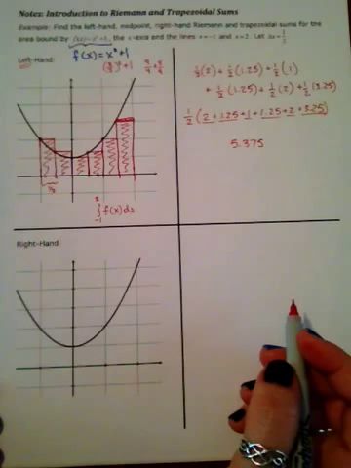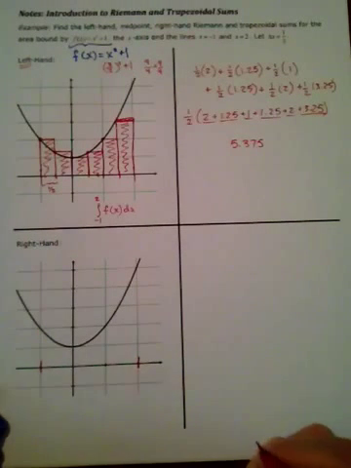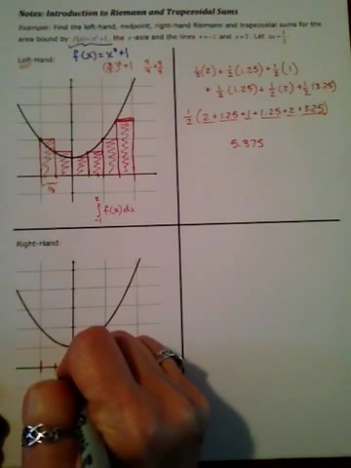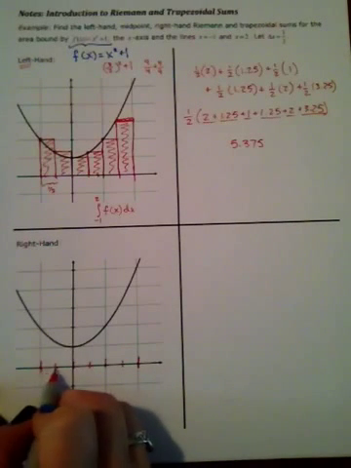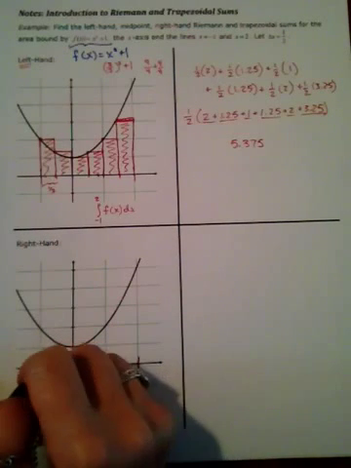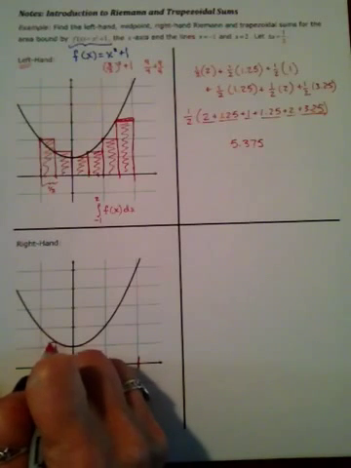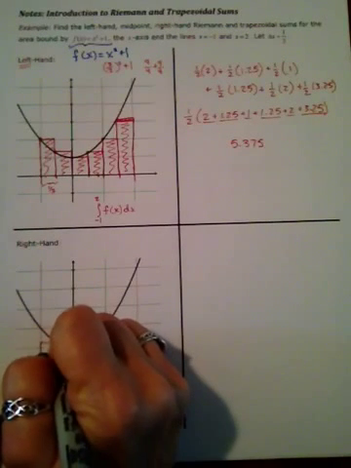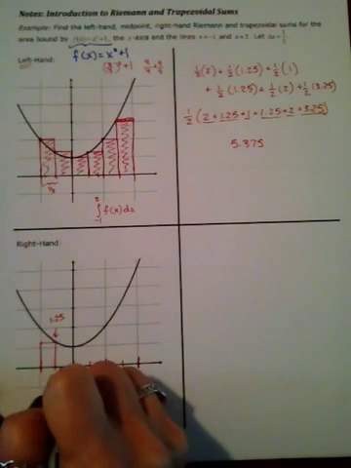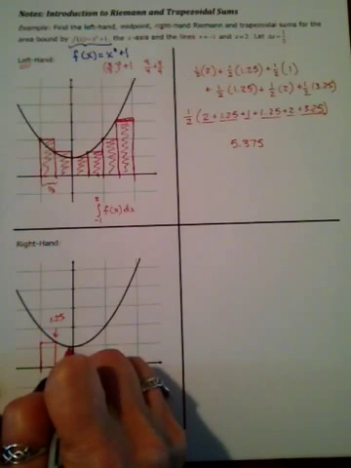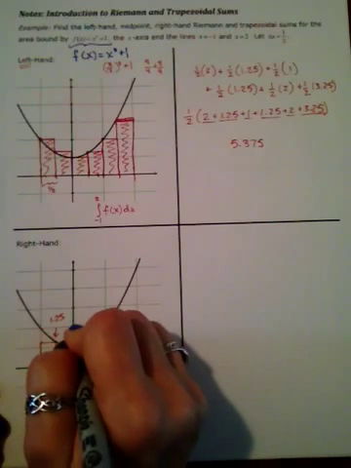For the right-hand sum, we're looking at the same region from -1 to 2, and we're still looking at a delta x of 0.5. The difference is that the right-hand side of each interval will determine the height. For this first rectangle, I don't use the -1, I use the -0.5, and I know that has a height of 1.25. I found it above. For the next rectangle, I'm going to use the height at 0, the right-hand side, which is just 1.